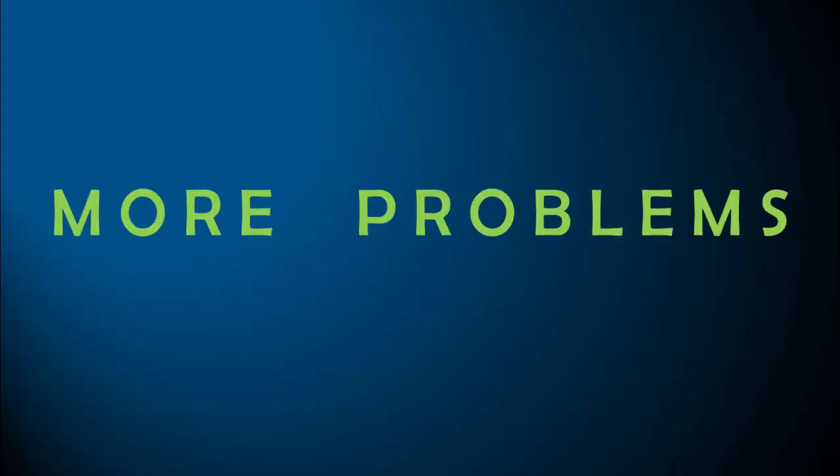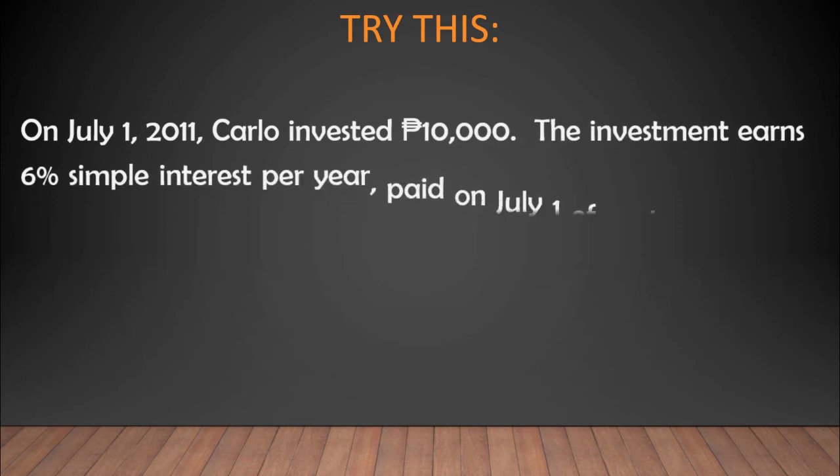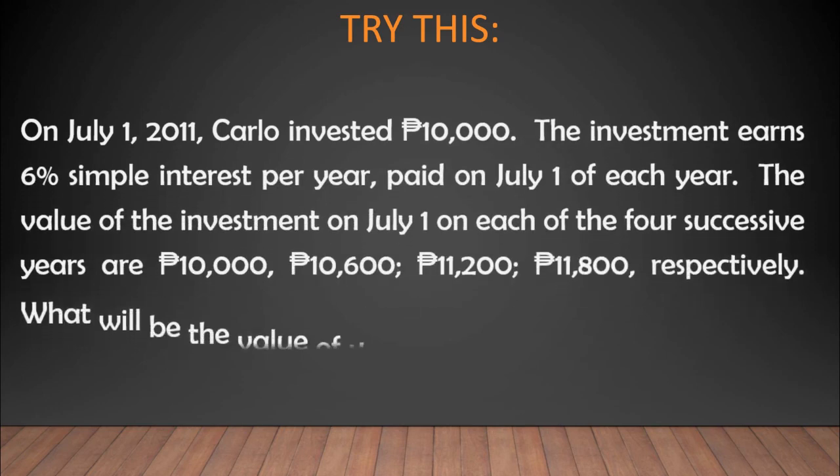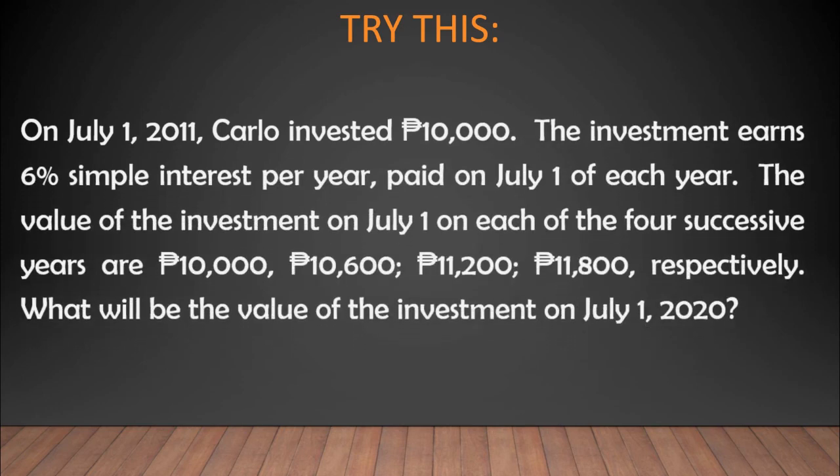Now, let's have problems involving the application of arithmetic sequence. Let's try this problem. On July 1, 2011, Carlo invested 10,000. The investment earns 6% simple interest per year, paid on July 1 of each year.